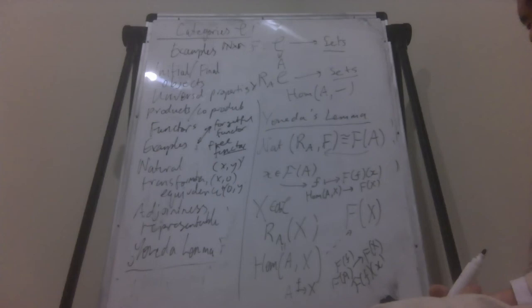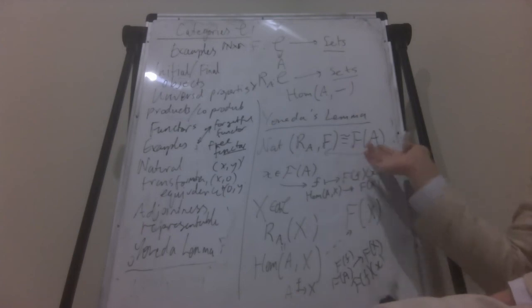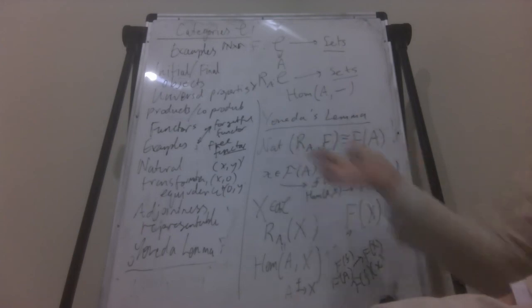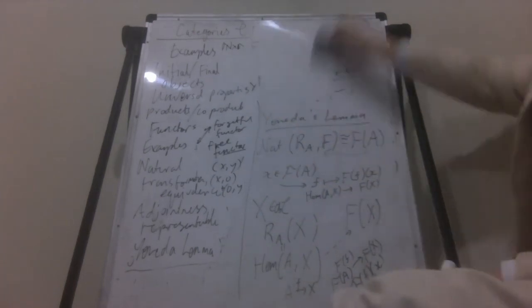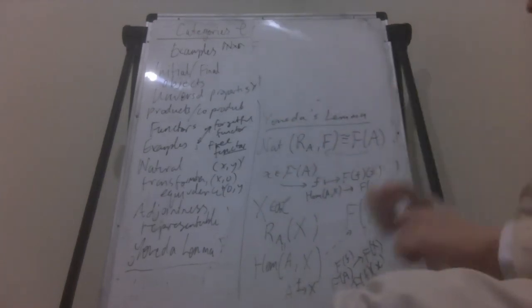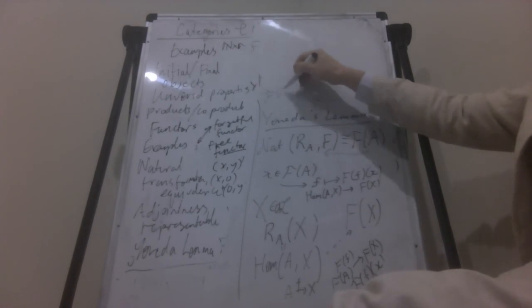So, as an exercise, okay, so you have one direction, yeah? How would you define an element of F of A given a natural transformation? How would you go the other way? You still apply F to both sides. It's just the same thing, but backwards.